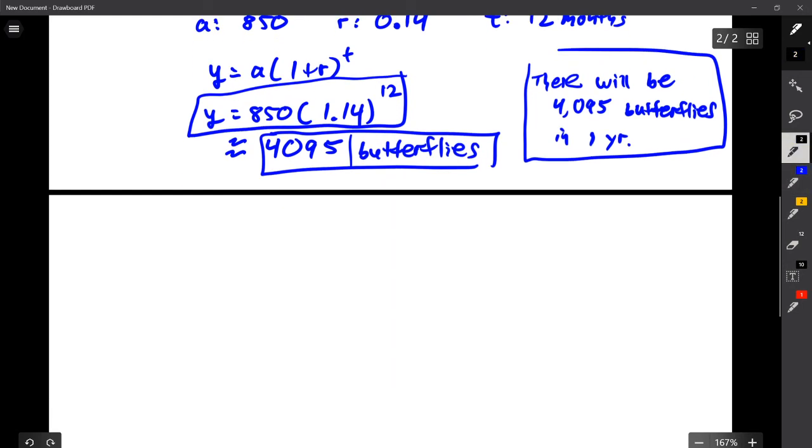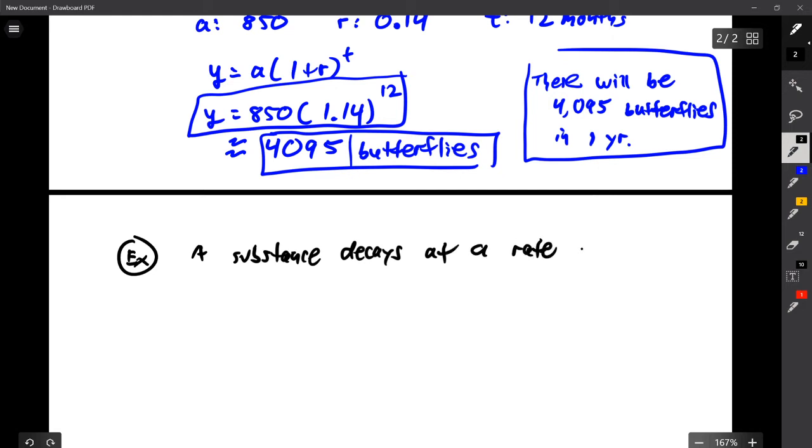All right, one quick one with decay. So let's just say a substance, I'll just make this really generic, a substance decays at a rate of 41%. Oh, per what? 41% per year.